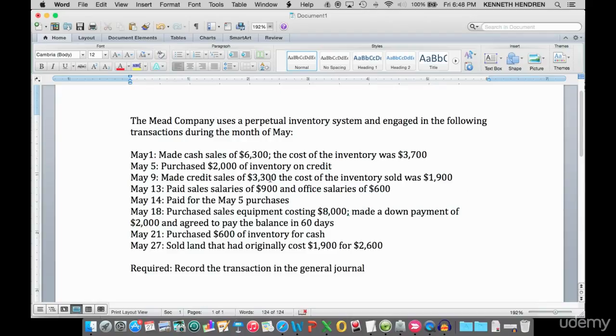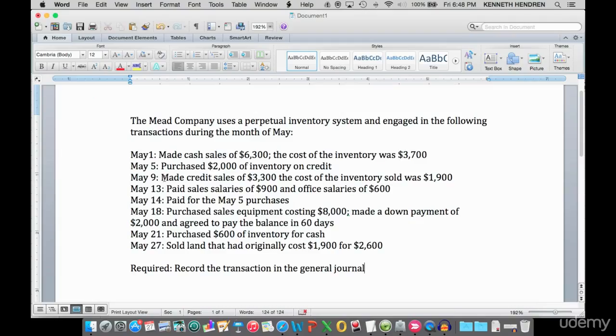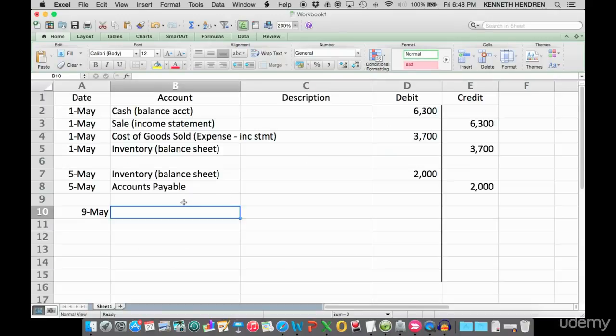Made credit sales of $3,300. And the cost of the inventory sold was $1,900. On May 9th, made credit sales of $3,300, so we have accounts receivable because we haven't gotten the cash yet.